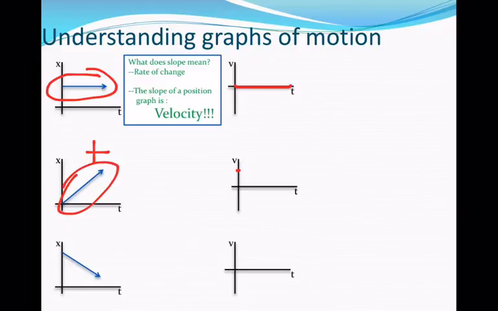Does the slope of it ever change? The answer is no. So if the slope doesn't change, the velocity can't change. So I'm going to have a positive constant velocity. And then down here, the negative slope doesn't change, so I have a negative constant velocity.